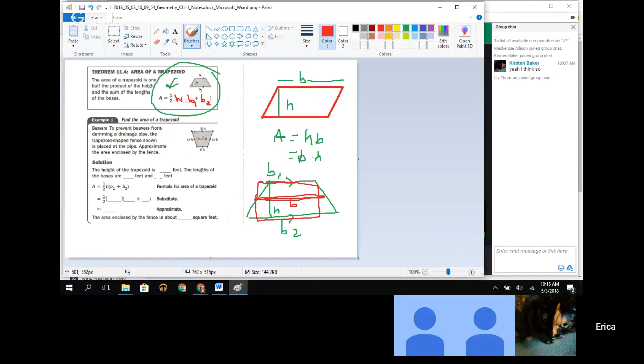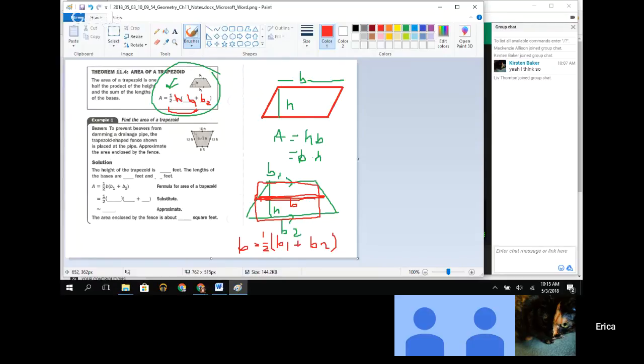To find that base, you would do base 1 plus base 2, and then multiply by 1/2. That's where you get the 1/2 times base 1 plus base 2 from. Then you have your new base, and you multiply it by the height.